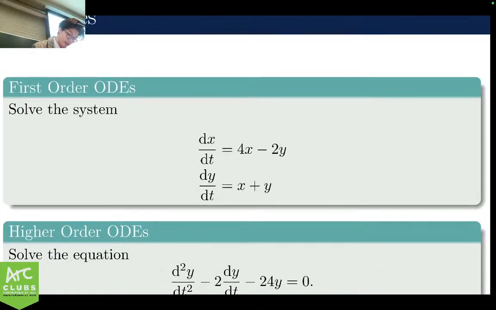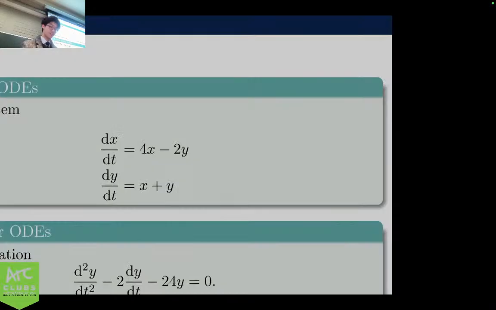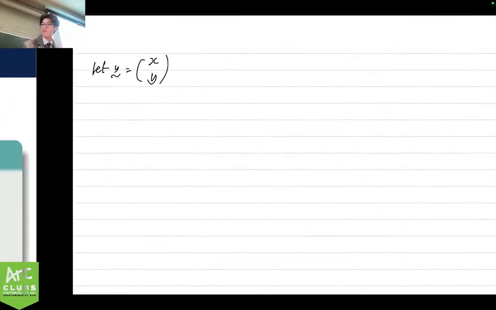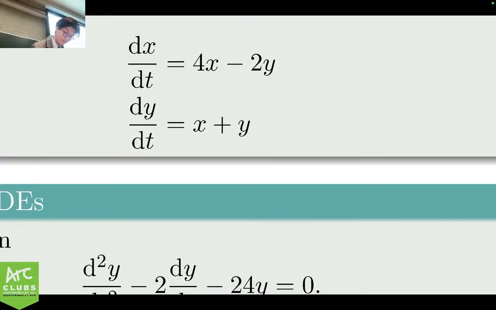So I'm going to first define our y as the solution vector, let's say x, y, because we want a solution for x and a solution for y from this system of differential equations. Then I'll also define A as our coefficient matrix, i.e. the coefficients of these terms.